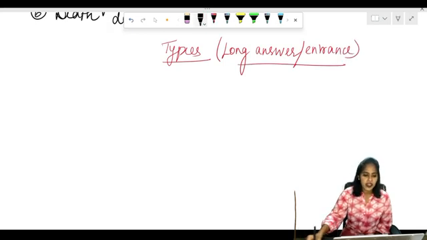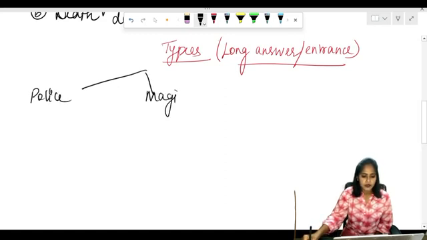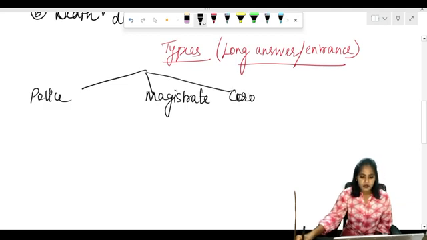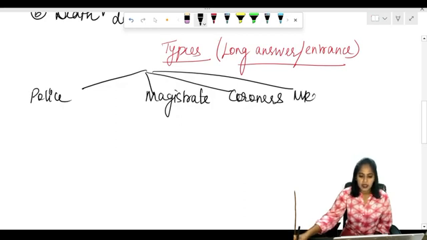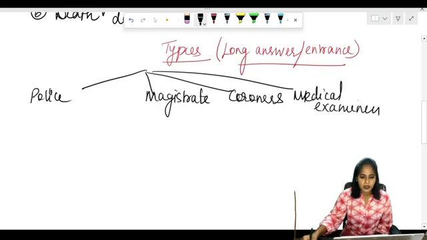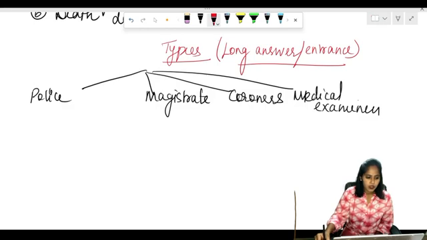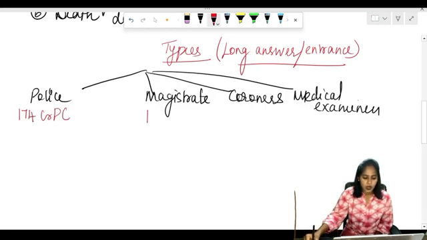So broadly it is divided into 4 categories. One is police inquest, two is magistrate inquest, the third is coroner's inquest, and the fourth is medical examiner's inquest, right? The MCQ bit here would be section 174 CrPC and 176 CrPC.